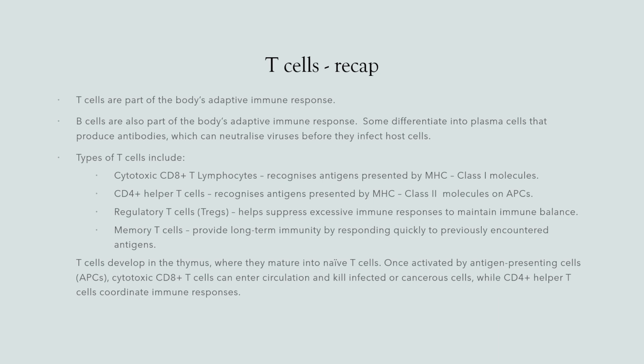cancerous. Then we've got CD4 plus helper cells, and these only respond to major histocompatibility class 2 molecules. These are not presented on normal cells; they're presented on cells like antigen presenting cells.